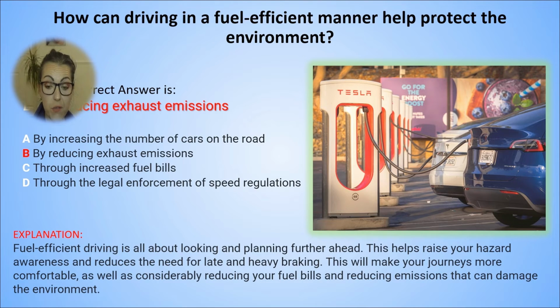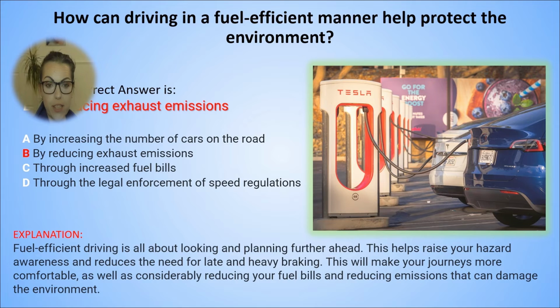This helps raise your hazard awareness and reduces the need for late and heavy braking. This will make your journeys more comfortable, as well as considerably reducing your fuel bills and reducing emissions that can damage the environment. So you are also saving some money.